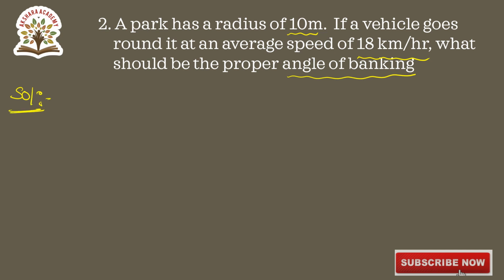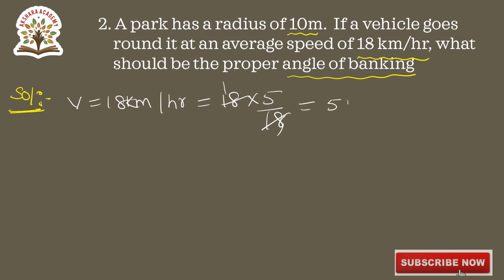In this question they given V is equal to 18 km per hour. Converting into meters per second, 18 into 5 by 18. 18 ones are 18, so it is equal to 5 meters per second. And they given a radius R is equal to 10 meters.